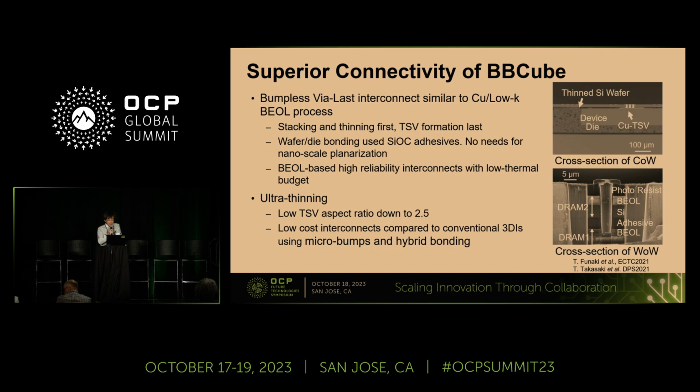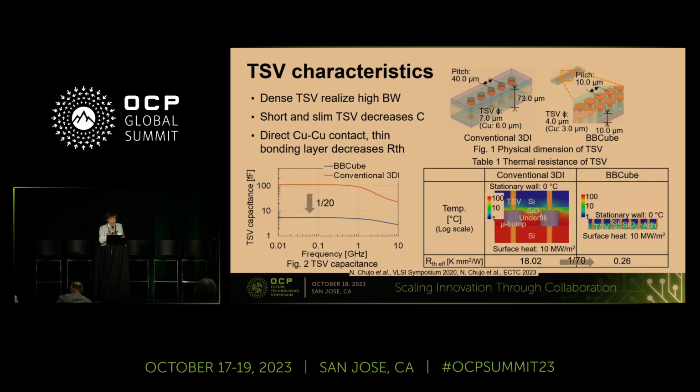The other is ultra-thinning. The aspect ratio of the TSV is reduced to about 2.5. Therefore, BBCube can realize a low-cost interconnect compared to conventional 3DI using micro bumps and hybrid bonding. High density, low capacitance, and low thermal resistance TSV can be realized with BBCube.